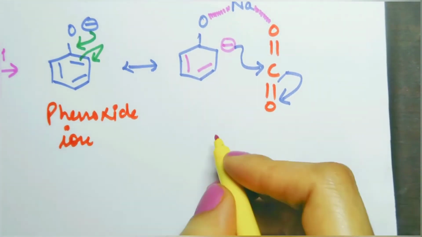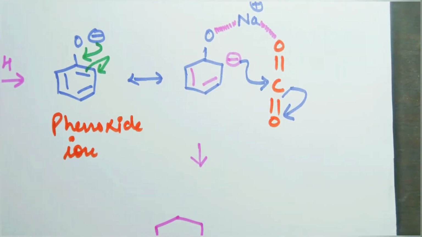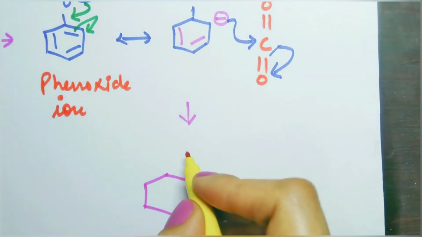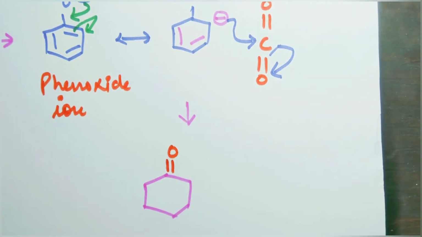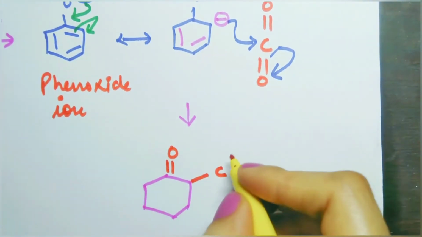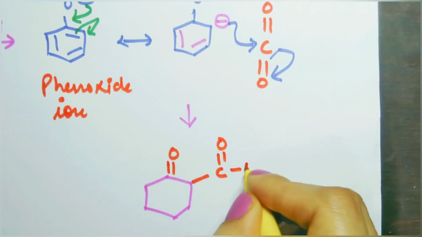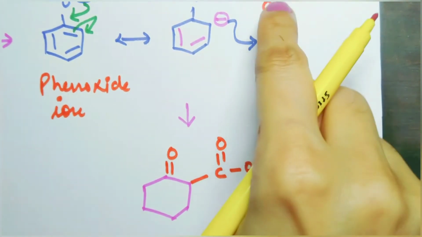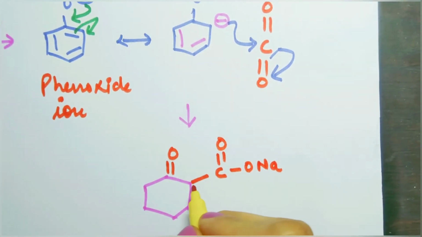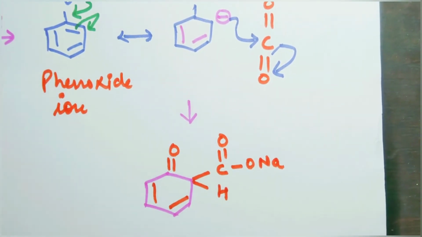So what will be the structure after this? We are having benzene, and here a double bond O, carbon attached with this, a double bond O, and then hydrogen, and we are having these two bonds.